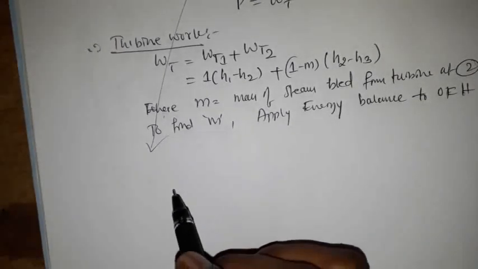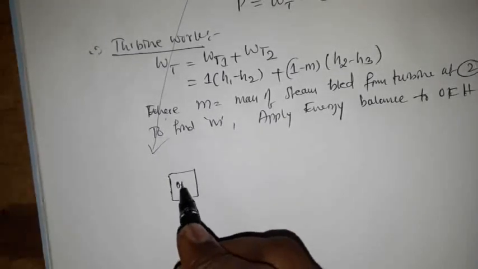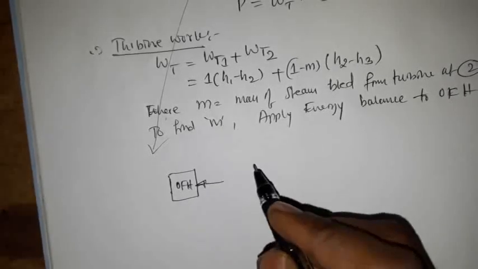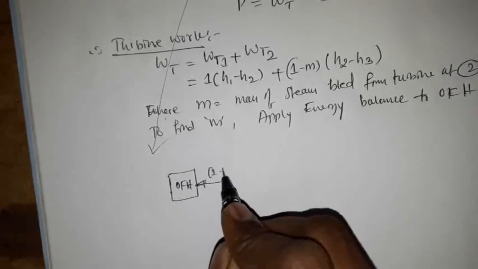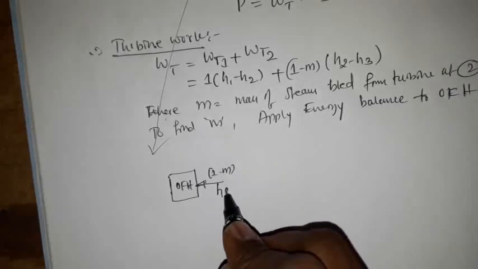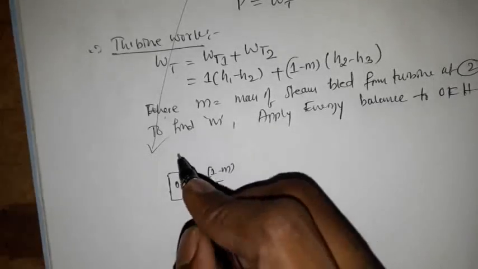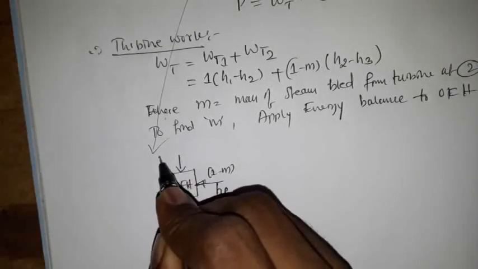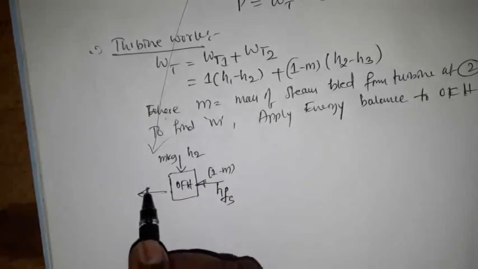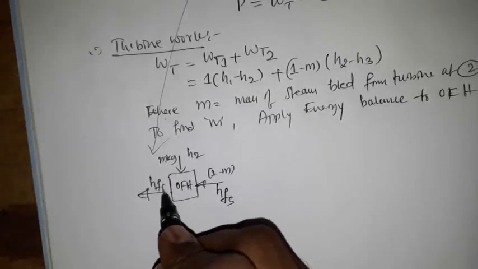So here I will redraw the open feed water heater, that is OFH, and we have one inlet stream with 1 minus m kg of steam, and the inlet enthalpy is HF5, and we have one more inlet stream, that is m kg with H2 enthalpy, and one outlet stream for the open feed water heater, that is with HF6.